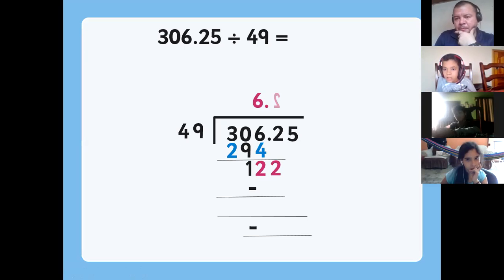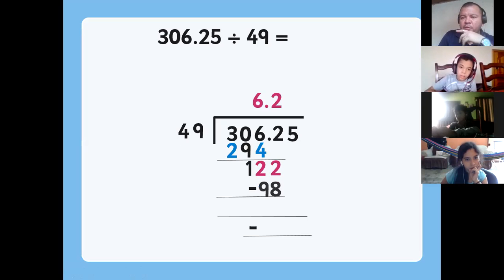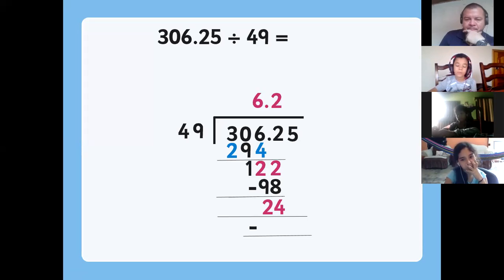It's 2. So 2 times 49 is equal to 98. So I start to make the subtraction again. 122 minus 98 is equal to 24.